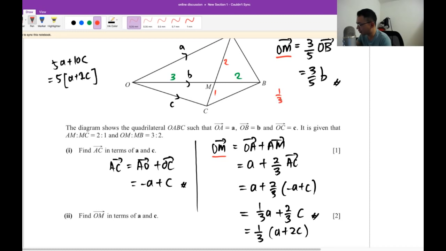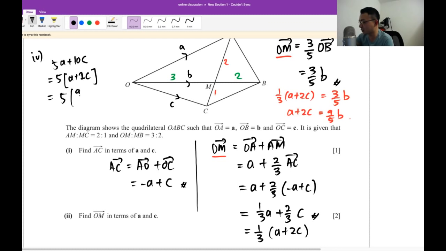Then you will see 1/3 of A plus 2C equals 3/5B. Then I can move the 1 over 3 to the other side. So A plus 2C equals 9 over 5B. And then the 5 and 5 I can simplify. Answer should be 9B only.